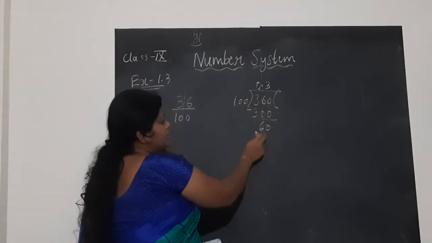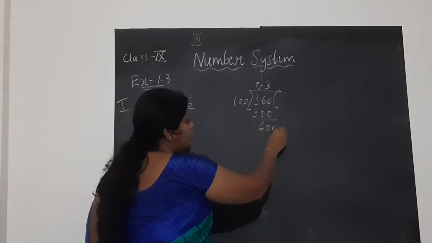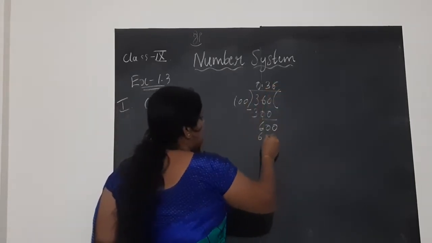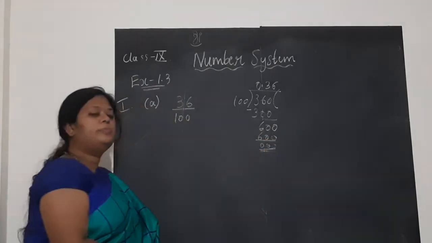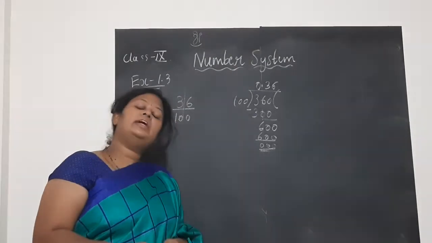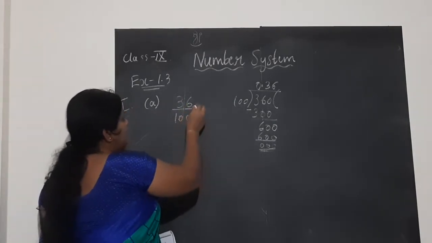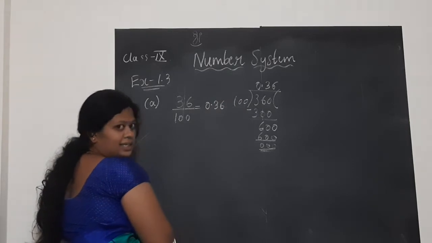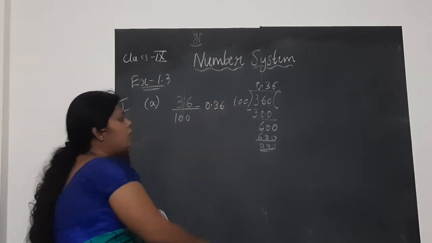Again 60 is not divisible, so take one more 0. Now 100 6s are 600, and we got the remainder 0. So 36 by 100 is completely divisible, and it is 0.36. This is terminating, meaning it stops at that point.